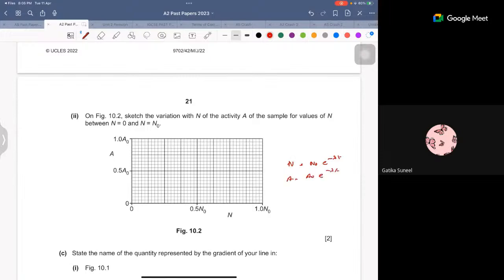So it's comparable. We can compare N over N naught equals A over A naught. It means they are directly proportional, so it has to be a straight line. At this point they will be the same, at 0.5 they will be the same. So you make a straight line starting from the origin. That's how it should be.